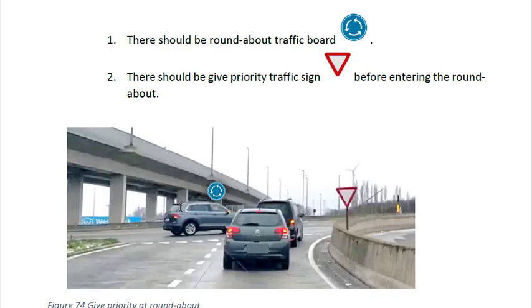So in this photo, the car on the left, which is already driving on the roundabout, has priority, and the two cars here on the right, which are trying to enter the roundabout, must first wait for the roundabout to become empty or free before entering the roundabout.